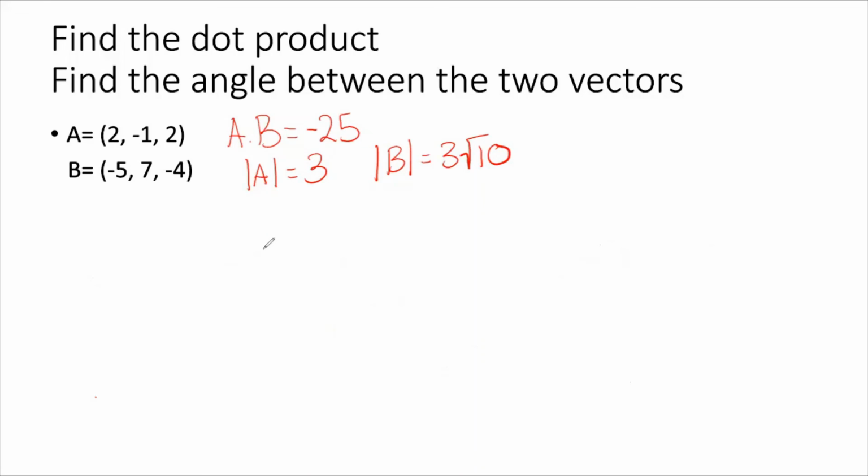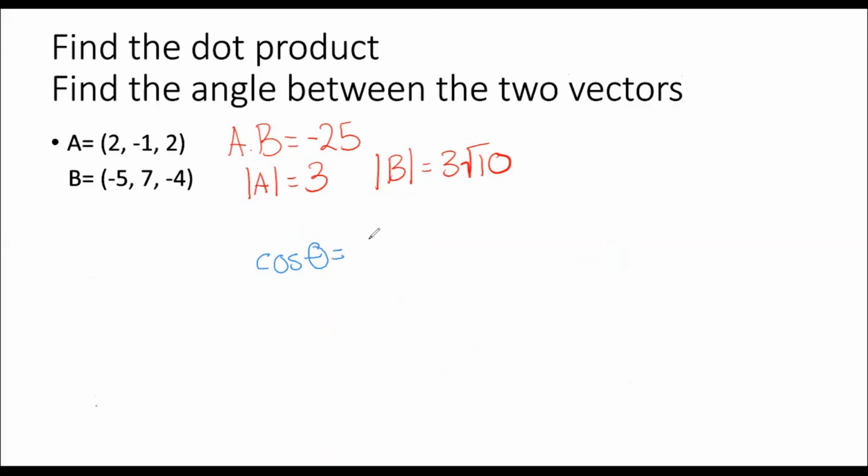So again, cos theta will be equal to A dot B over the magnitude of A times the magnitude of B. So we have minus 25 over 3 times 3 root 10.